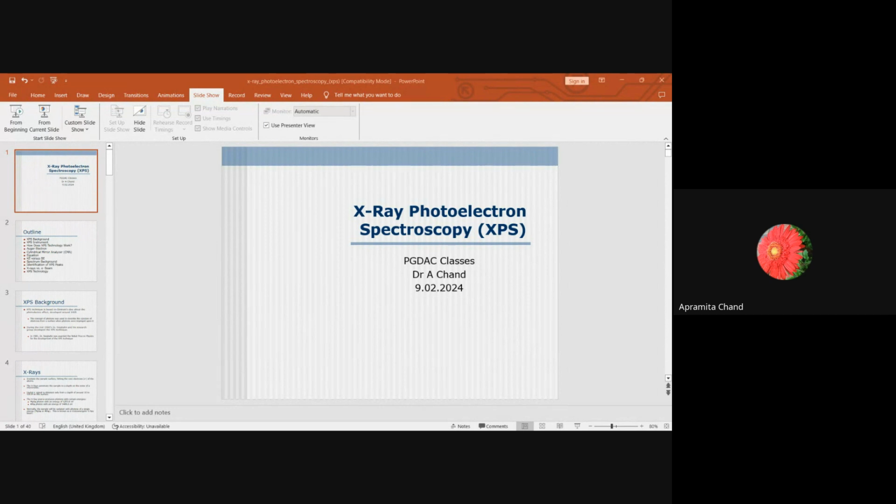So the electron binding energy is calculated with respect to the Fermi level. Since the core electrons are close to the nucleus, they actually have the binding energies that are characteristic of that particular element. And also they have a higher probability that they will match the energies of the radiation that is being given, that is of aluminium K alpha and magnesium K alpha.